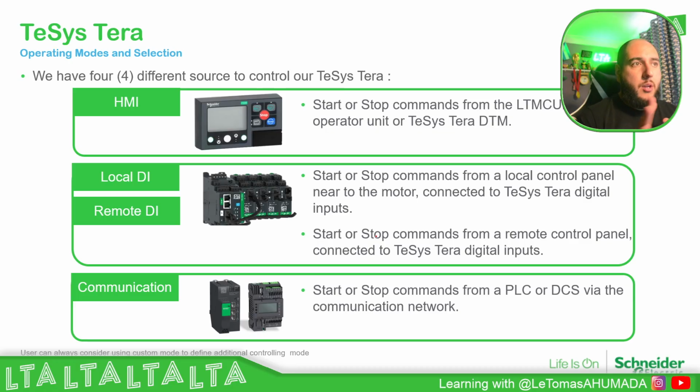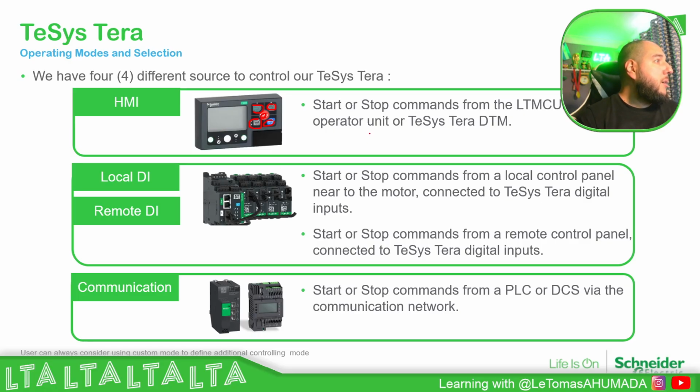In order to take the start or stop command, we can select any of these four elements, or sources. We have the HMI, and in front of the HMI we have the run forward, run reverse, the stop, the reset, and we also have the possibility to select local control or remote.